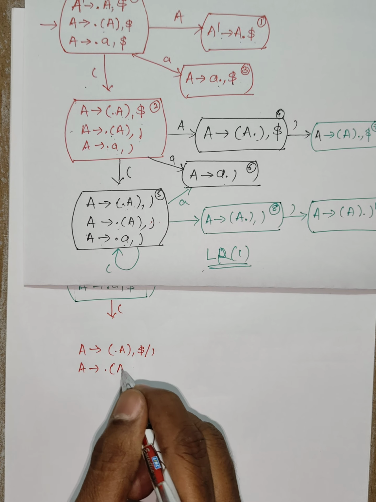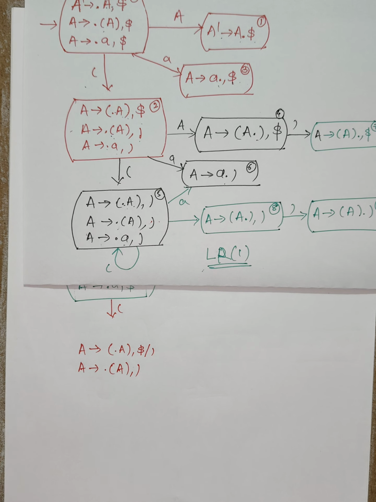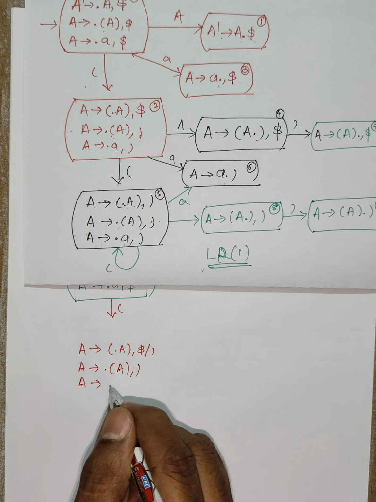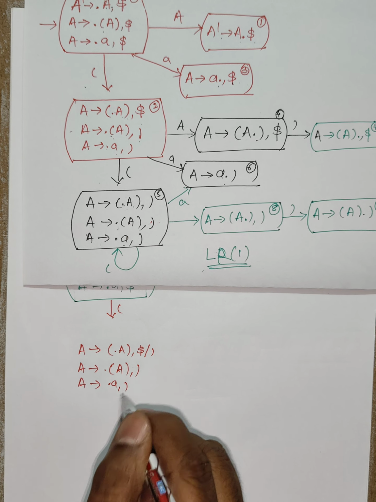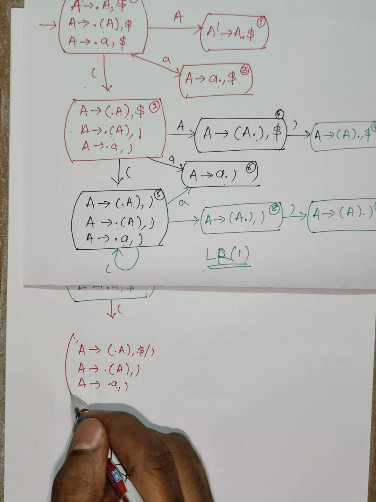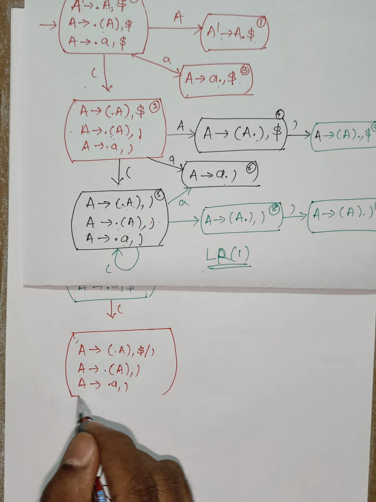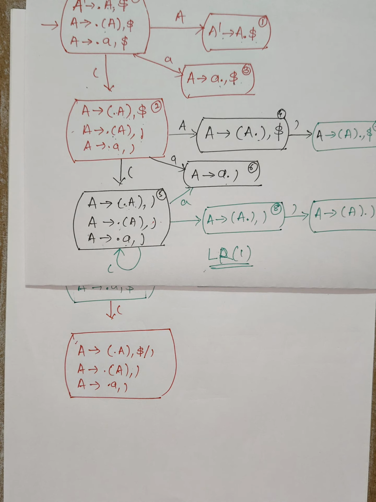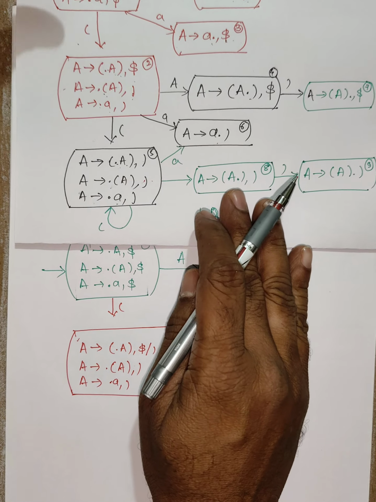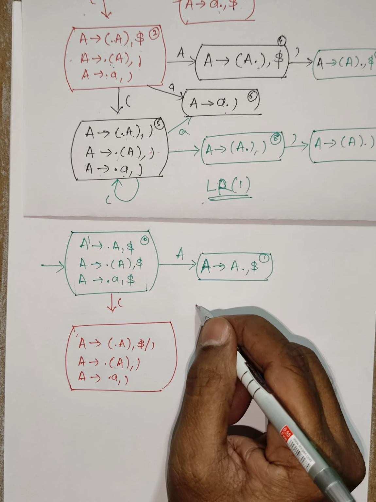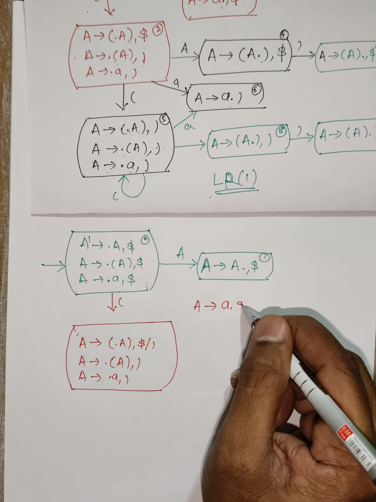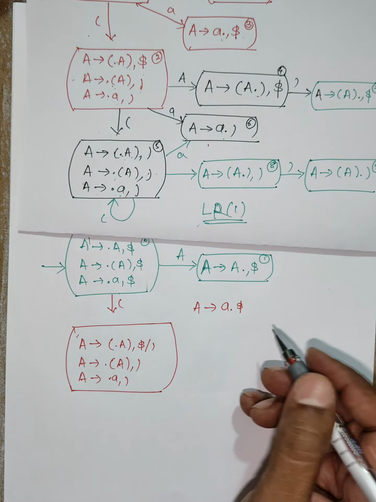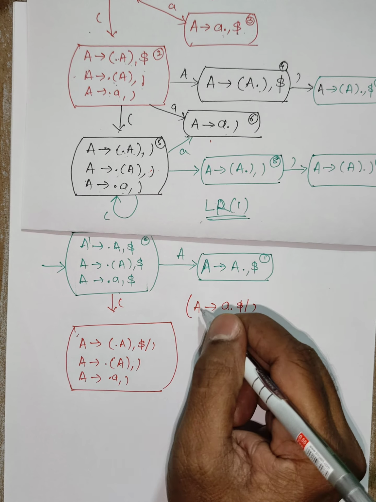dot opening bracket A closing bracket, carry lookup is closing bracket dot A, this is closing bracket. Combine these two. Next, transaction on A, means A produce A dot dollar, then combine this dollar slash closing bracket.